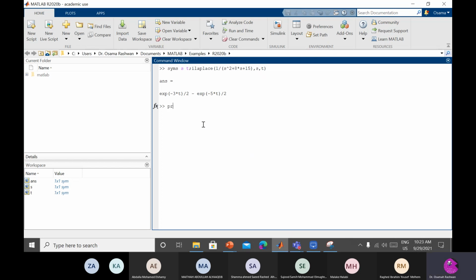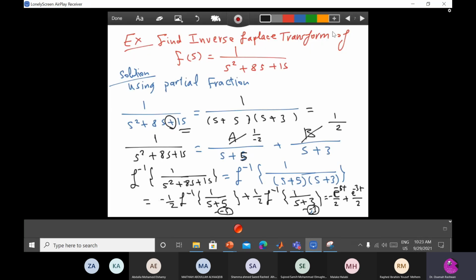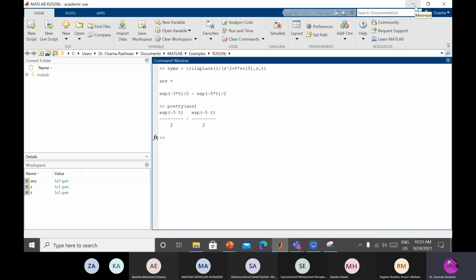Okay, yes, let's make it pretty. Yes, it is exactly like what I got by hand. Minus e to the minus 5t over 2, plus e to the minus 3t over 2.